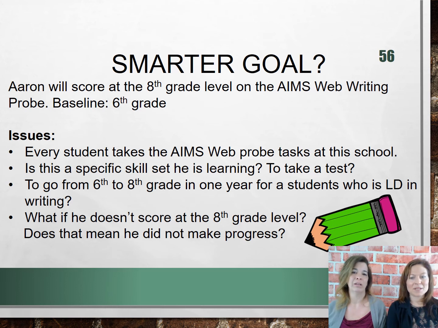Student will have a C average in math. This is just a bad idea for so many reasons. In this case, this student's issue is written expression, and the goal says how they will attain a certain score on a probe.